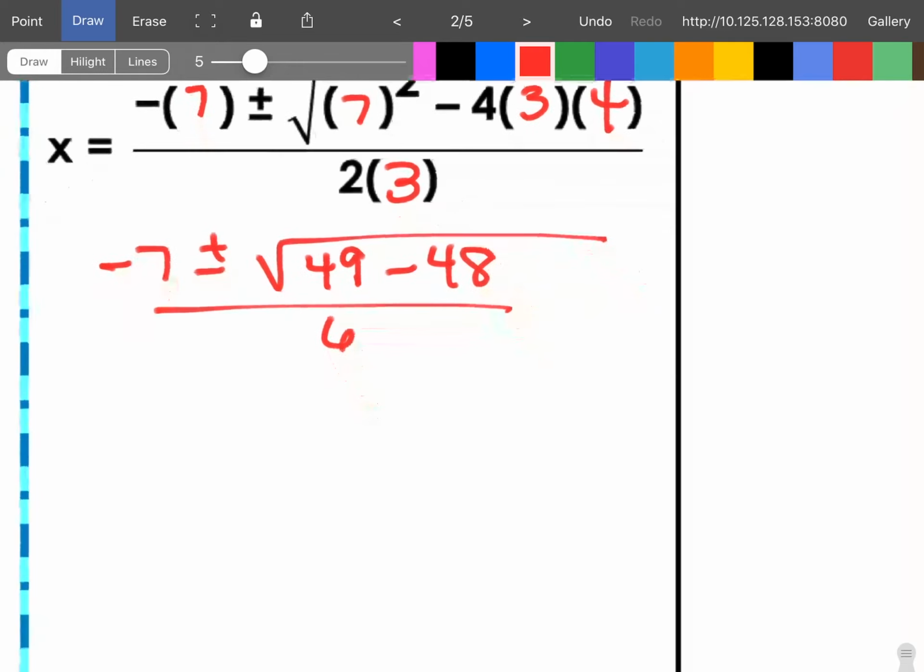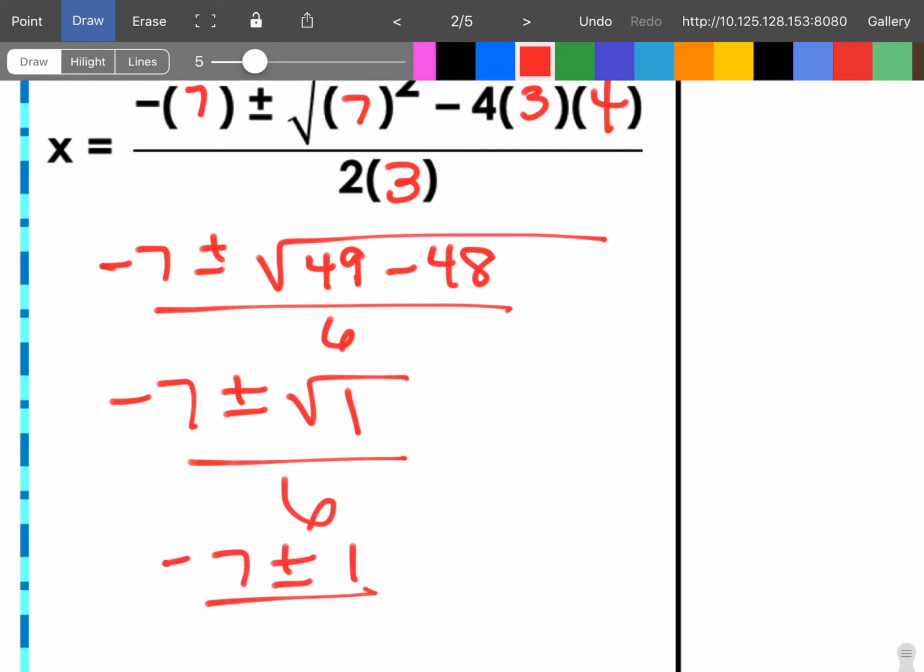All right, we know 49 minus 48 is 1, so we have negative 7 plus or minus the square root of 1 divided by 6. And then the square root of 1 would just be 1, because 1 times 1 is 1. So we have negative 7 plus or minus 1 divided by 6.